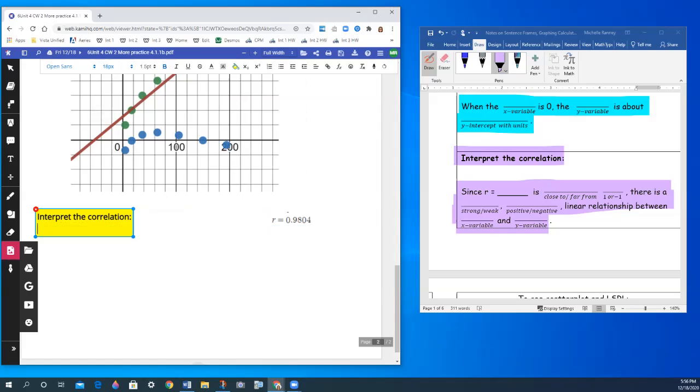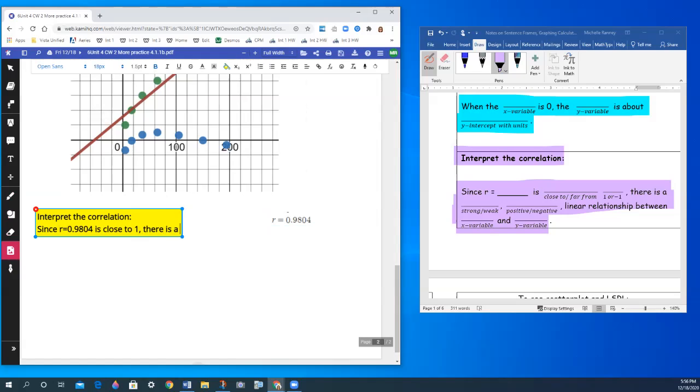Okay, so since R equal 0.9804, and you'll give the whole entire number for that whole 4-digit after the decimal number. And then we're going to say is close to or far from, but this is close to +1, okay?